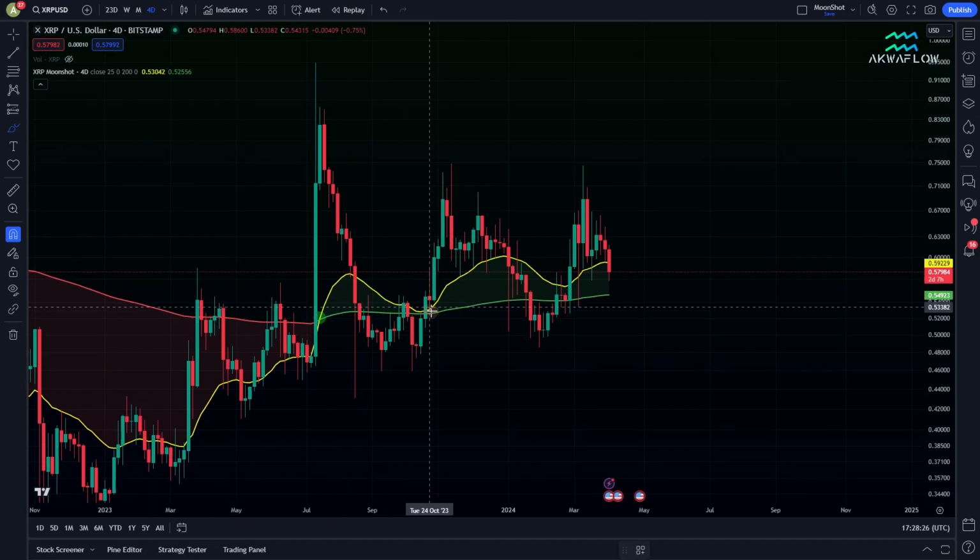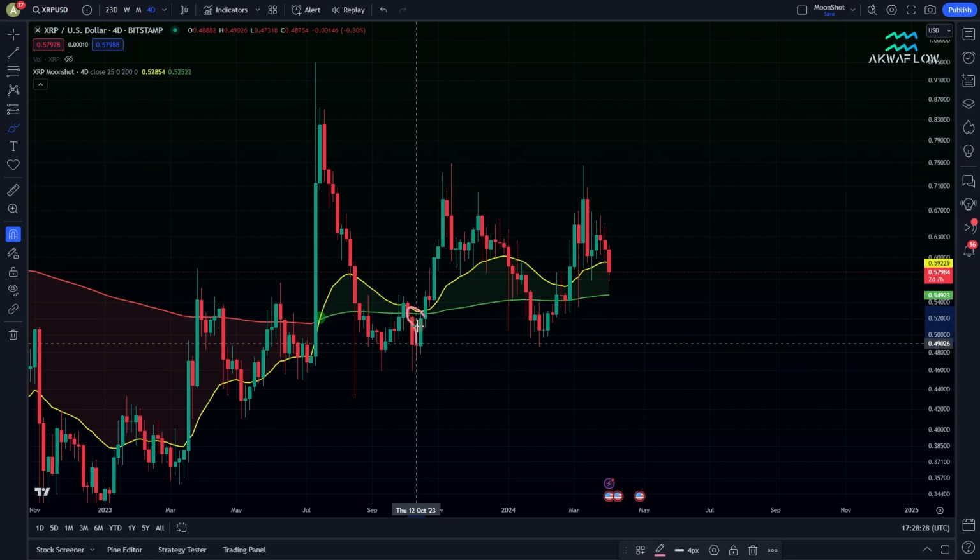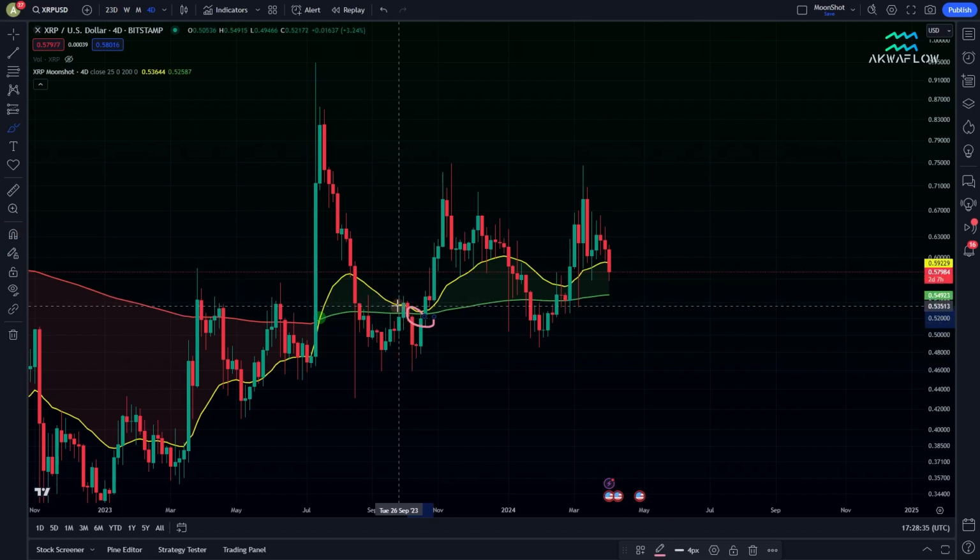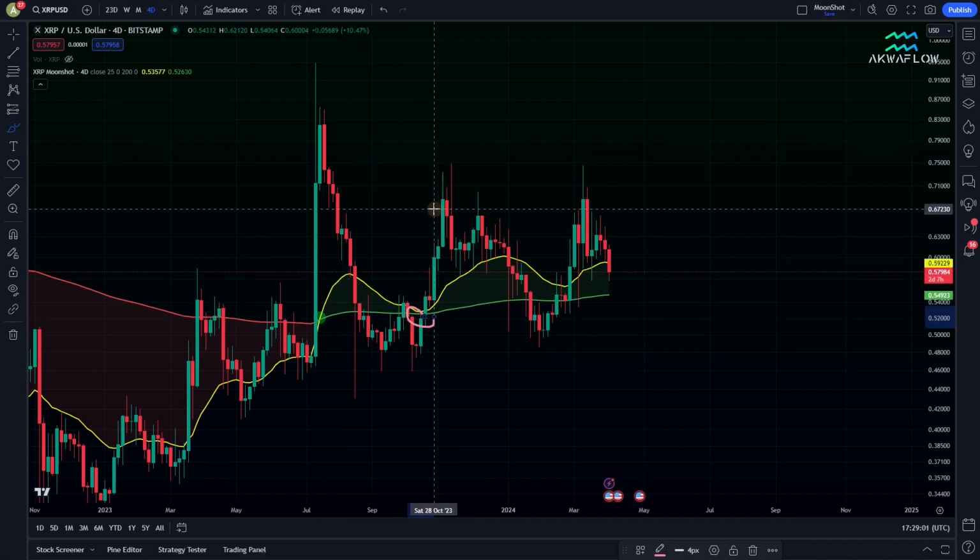We were all scared, but at the end, just before the cross between the green line and the yellow line, XRP was able to go up to prevent the cross from happening. And we know that after a cross to the upside and XRP going up, it always comes back to retest the yellow line as a support, right?